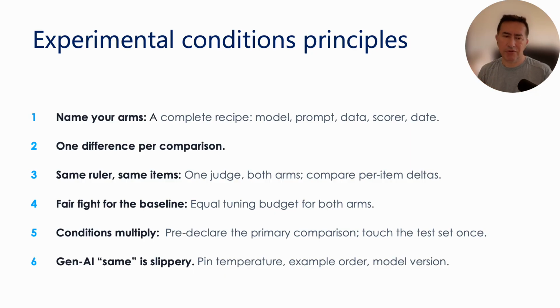Once you run experiments and you have several dimensions, so we, for example, already saw different models, different prompts, different contexts, different templates, at some point conditions multiply, and you get into the exponential complexity problem of trying to assess a set of different conditions. So what you want to do here is make sure that you are very clear what the primary comparisons that you want to make are, and declare them.